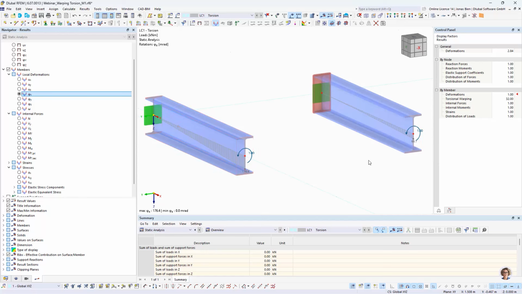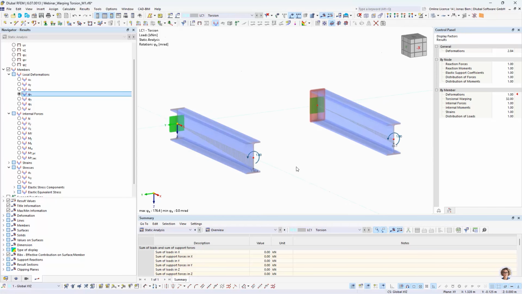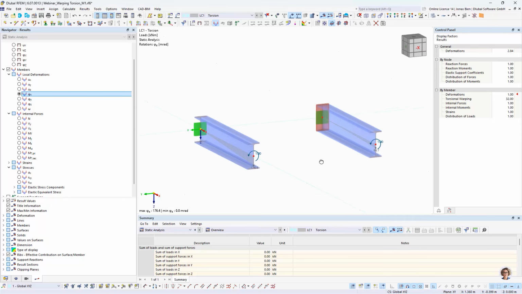It's more than half, or less than half of the reference rotation. So that's quite interesting. That means in this case, we were actually now able to activate warping in the beam.